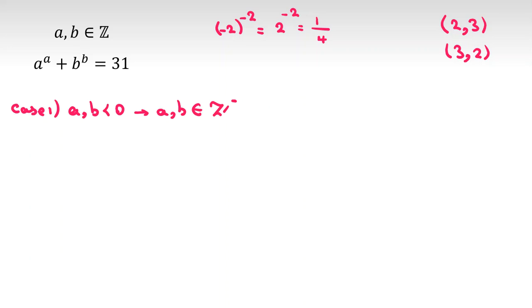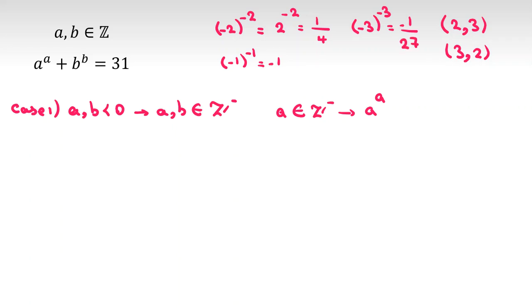Because they are negative integers, when A is a negative integer, A to the power of A is a fraction, negative or positive. Only negative 1 to the power of negative 1 is negative 1. But after that, for example, negative 3 to the power of negative 3 will be negative 1 over 27.